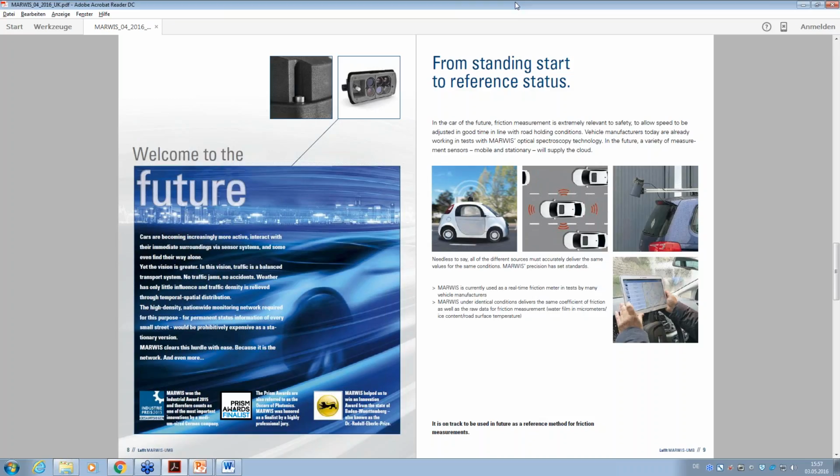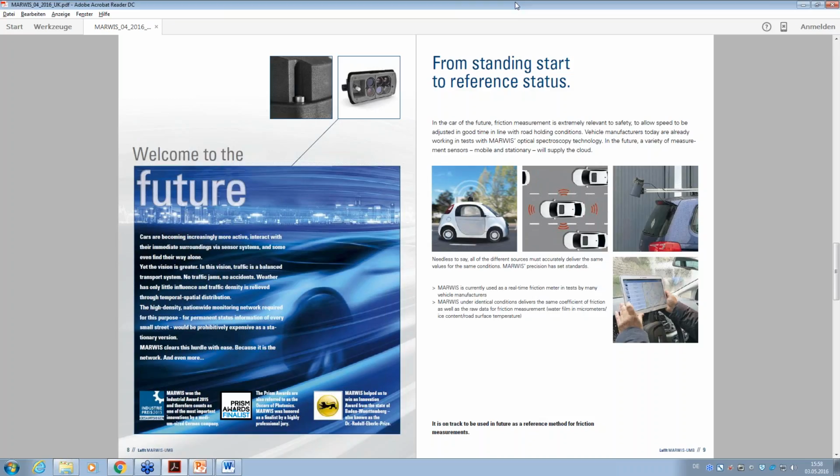That is representing not only a spot, but a representative size of the road, and we really detect in micrometers water films and water levels. Now most of the car manufacturers use the MARWIS as a reference sensor against other friction meters. So they need to understand first what a spectroscopic sensor can do to make a driverless car drive reliably whenever there is a water layer detected.